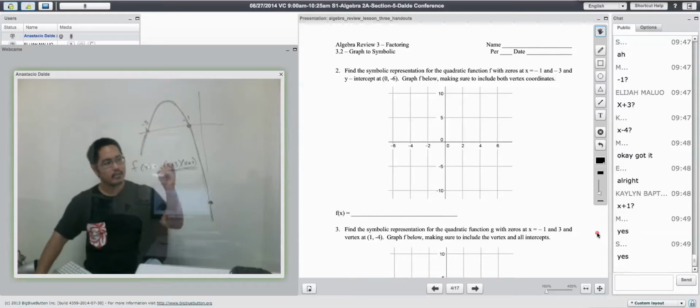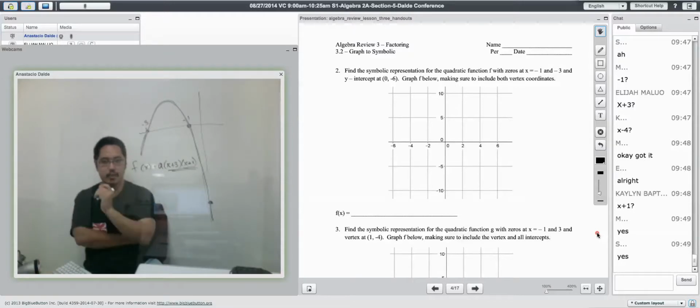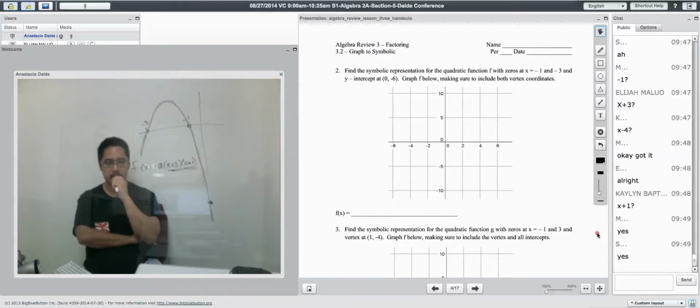Now, there is a number, and I'm going to call that number A. And I tell you what, I don't know what A is. I can figure it out, and I have a clever way of doing it. What has been the way we've been figuring out whether or not this equation works or not? What is the third coordinate that we turn to?